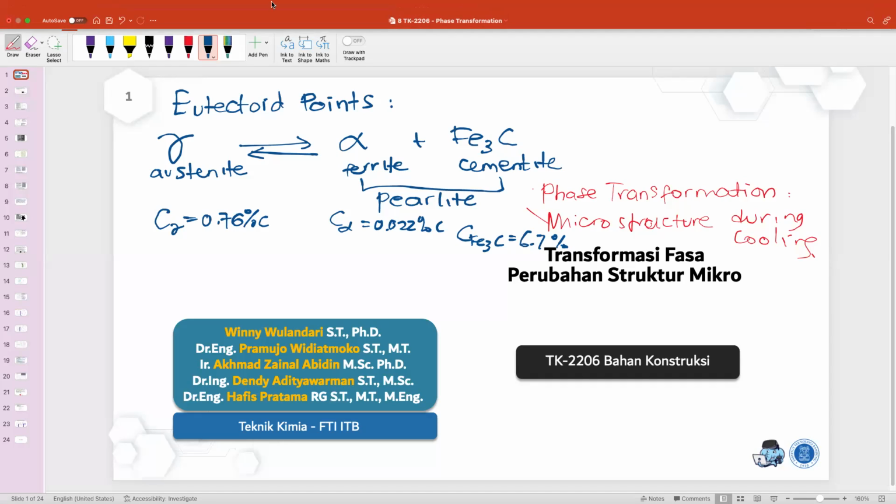Okay, so just imagine you have been in OSKM, orientasi studi keluarga mahasiswa. When I was a student, I was the panitia, like the leader of each group.